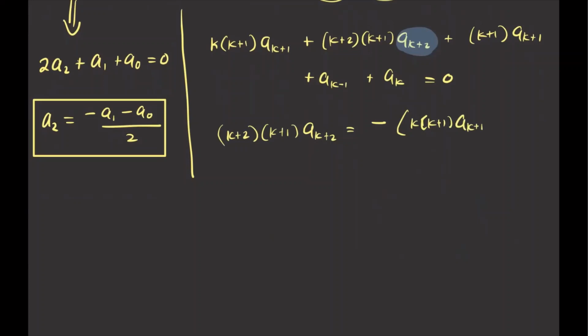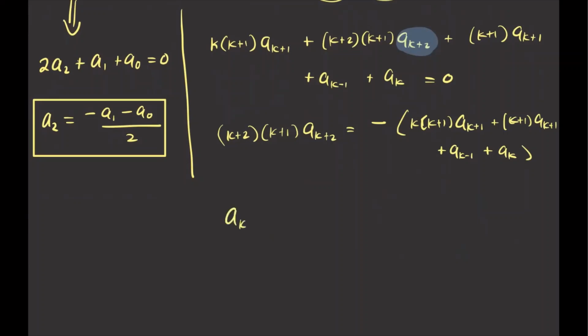Since I factor out the minus, I will take care of that as I'm subtracting. And the minus the third term, that will be again plus k plus 1, a sub k plus 1, plus a sub k minus 1, plus a sub k. And then we divide that by these coefficients to isolate a sub k plus 2.